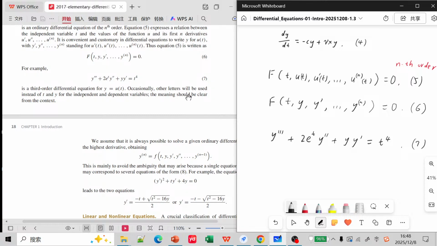Occasionally, other letters will be used instead of t and y for the independent and dependent variables. The meaning should be clear from the context.